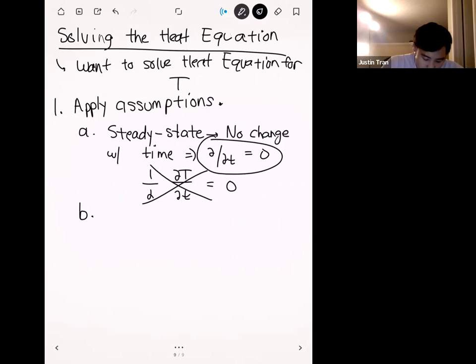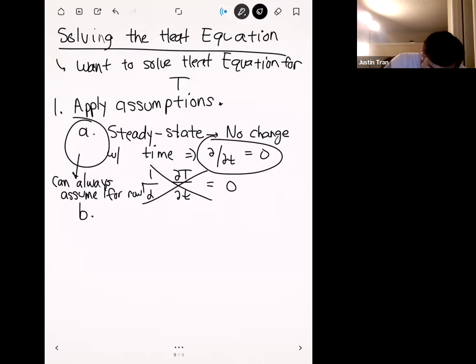This steady state assumption is something that we're almost always going to make, so for the time being you can always assume this. Later on, when we do unsteady conduction, we'll relax this assumption and bring it back into the fold. But for now, we can just say that we assume this is there.